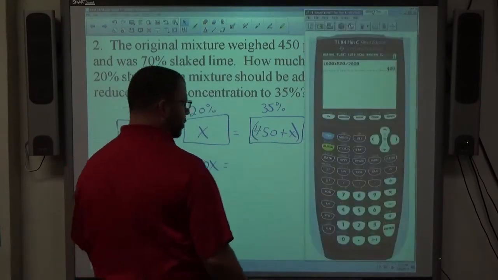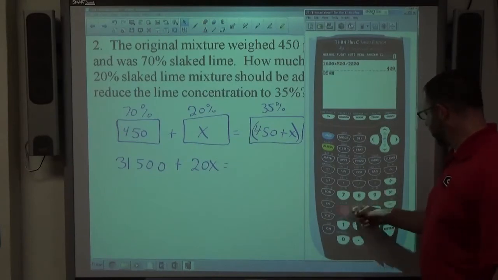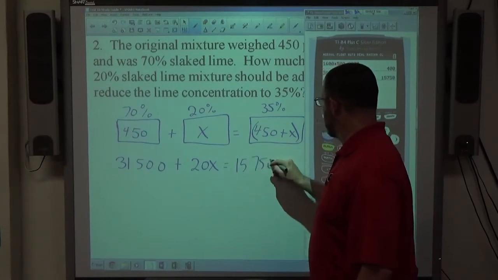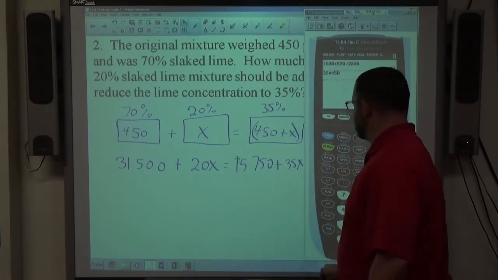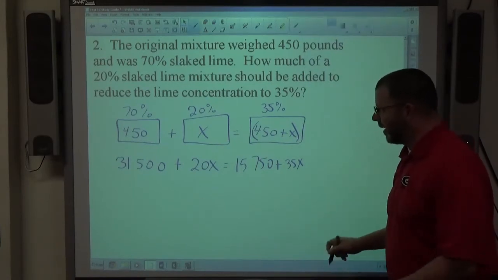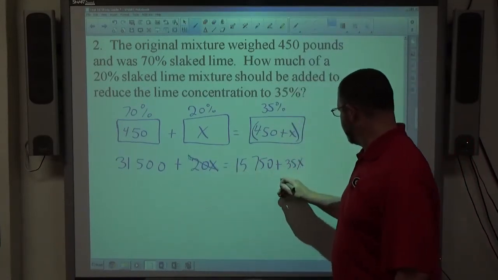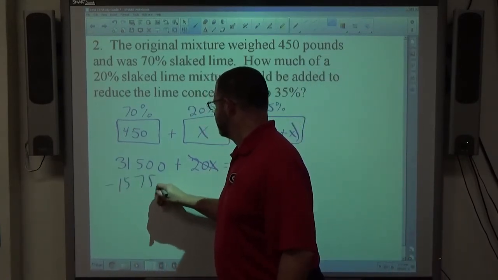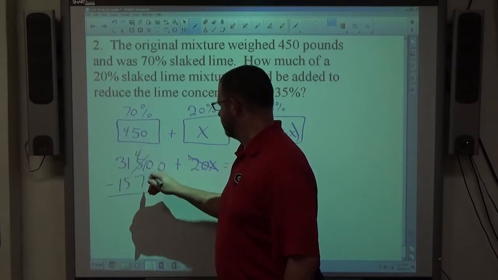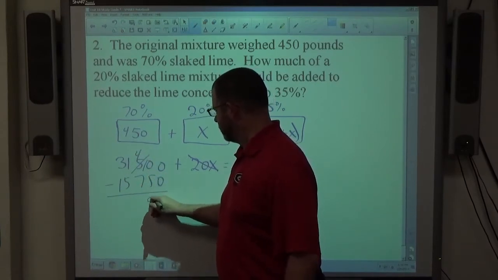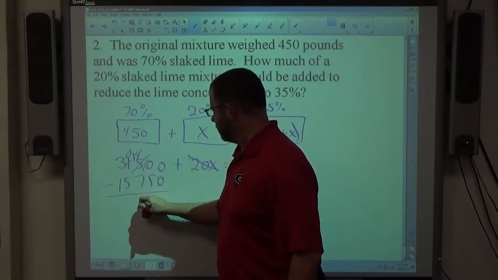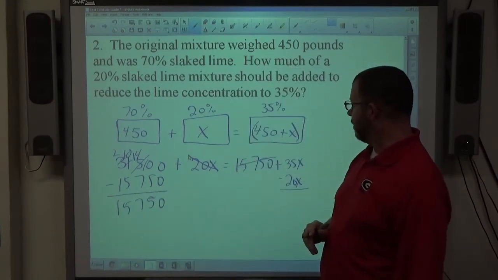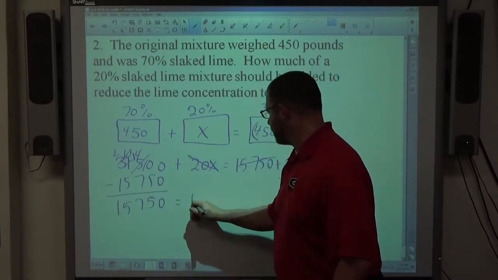And then 35 times 450 plus X, so that's times this. That was easy to do in my head, so let me just use a calculator for that. 35 times 450 comes out to 15,750 plus 35X. So at this point I want to get X by itself, so I'm going to move the 20X over here, and I'll move the 15,750 over here. 15,750 equals 15x.